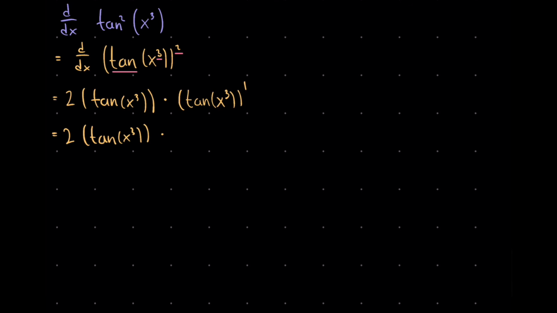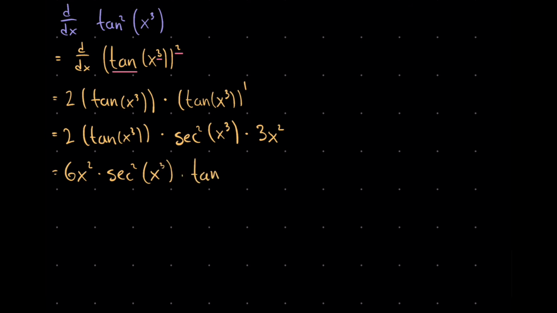And we multiply it by first the derivative of tangent, because that's the outside function. The derivative of tangent is secant squared, and the inside stays the same, so secant squared of x cubed, and that derivative is 3x squared. So by rearranging, we could write this all nicely as 6x squared times secant squared of x cubed times the tangent of x cubed.